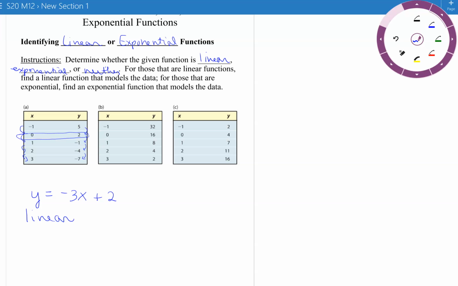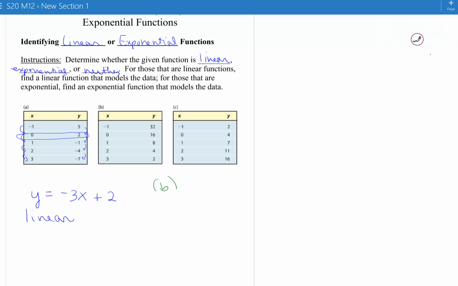So then let's look at B. And notice as x is going up by 1 and up by 1, we seem to be multiplying by something. So we're multiplying by 1/2. So that means 1/2 is the factor, and it's going to be to the power of x because it's exponential.